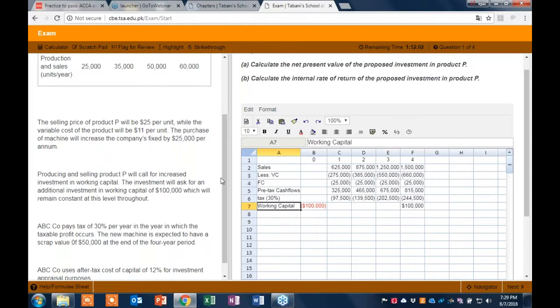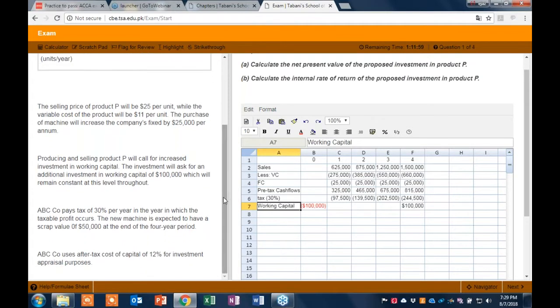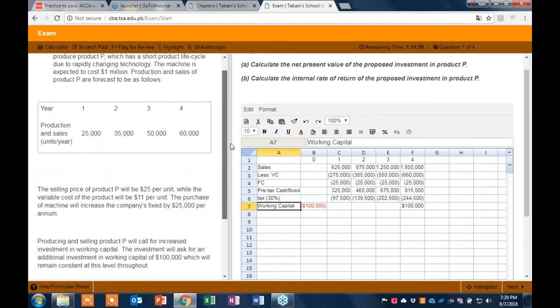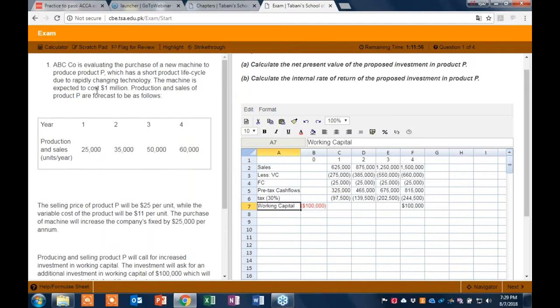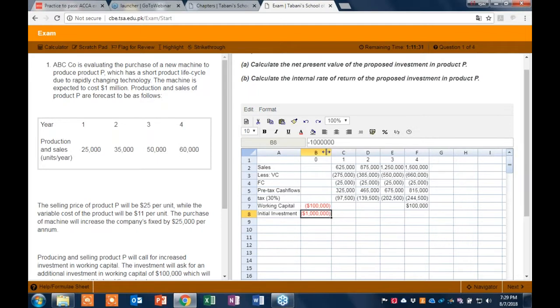So after working capital, we'll have to look out for any other cash flow that we will be requiring for this project. Now it's the turn to write the initial investment, which is 1 million. Again, it's an investment, and it should be shown as a negative cash flow because we'll be purchasing the technology, and it is going to cost us 1 million. So I've written it as 1 million.